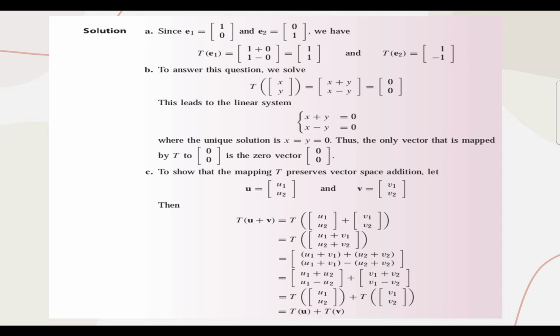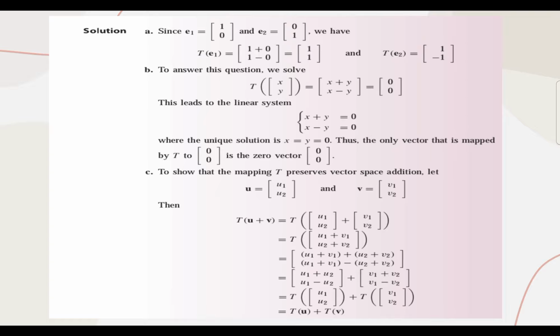Solving this shows that only the zero vector (0, 0) satisfies both, meaning no other points in the plane are collapsed to the origin by this transformation. So there is a unique solution, x is equal to y is equal to 0. Thus, the only vector that is mapped by T to (0, 0) is the zero vector (0, 0).